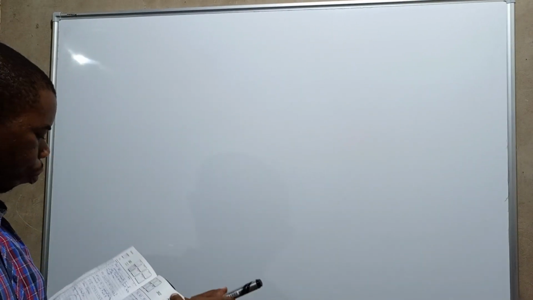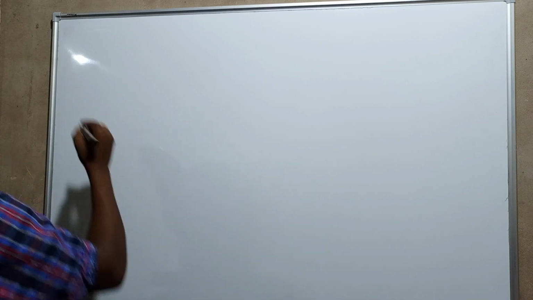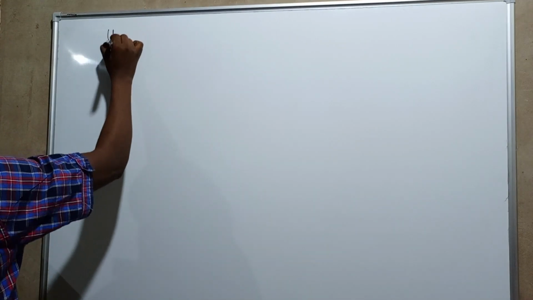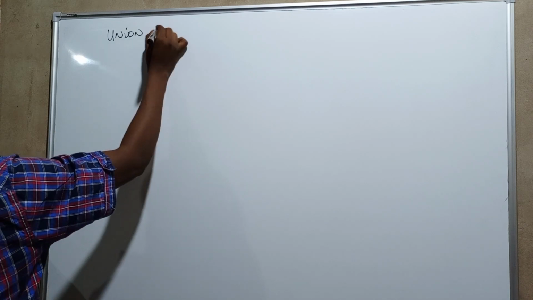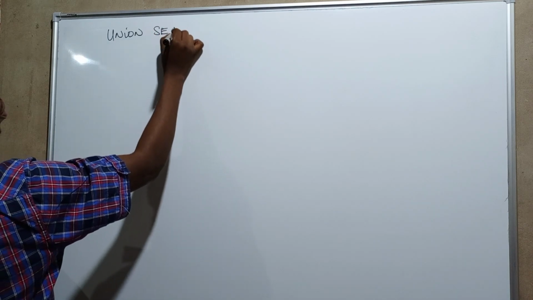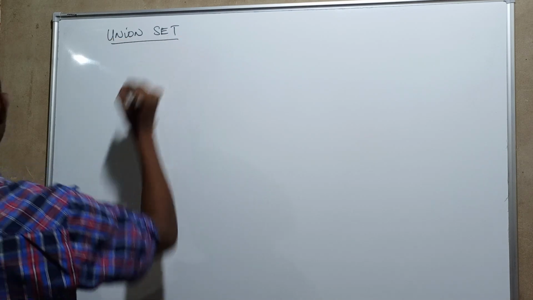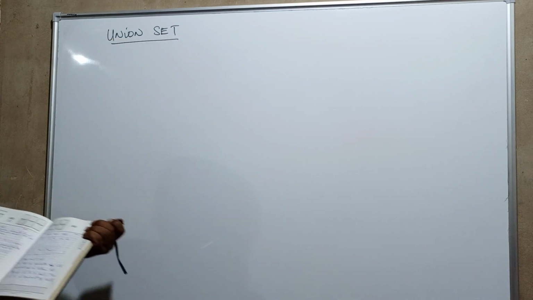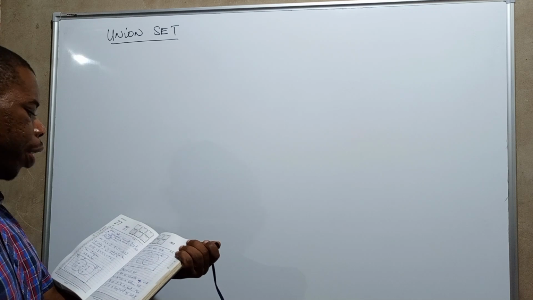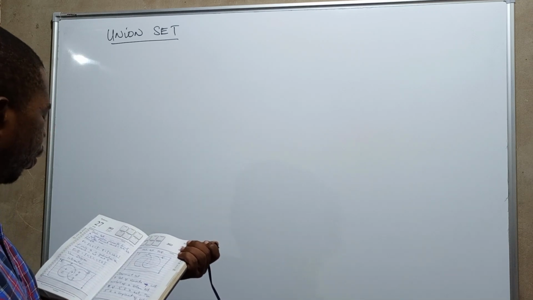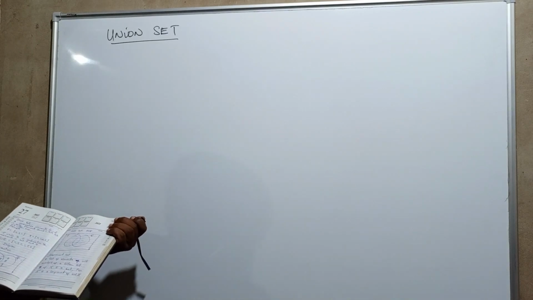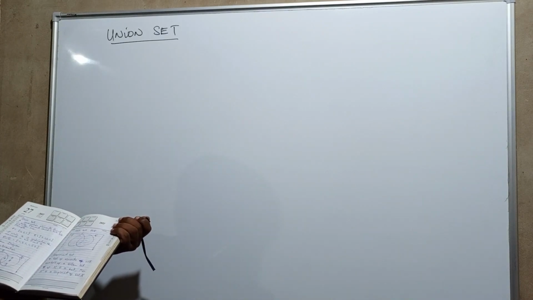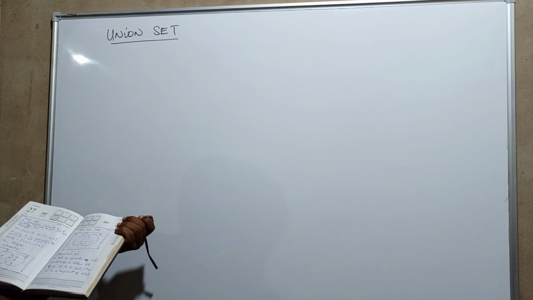So we are looking at union set. By definition, a union set is a combination of elements found in sets, where elements found in both sets are written once.